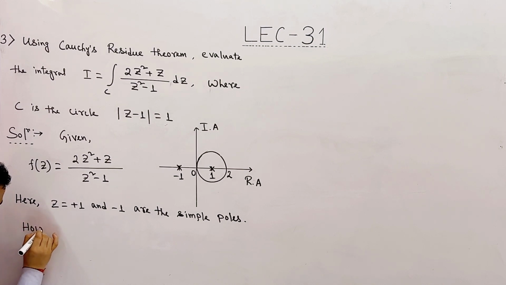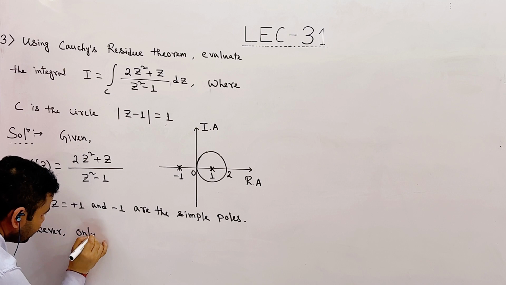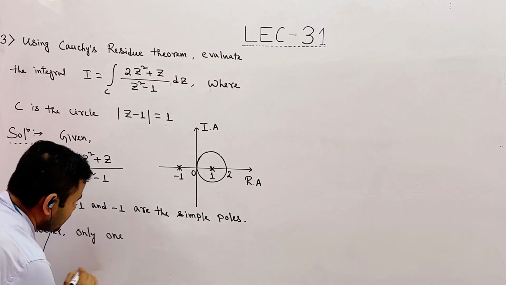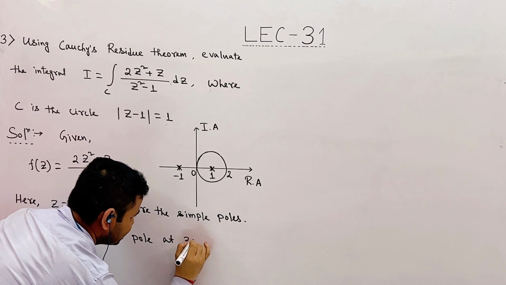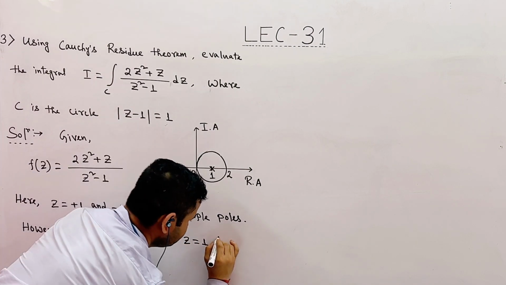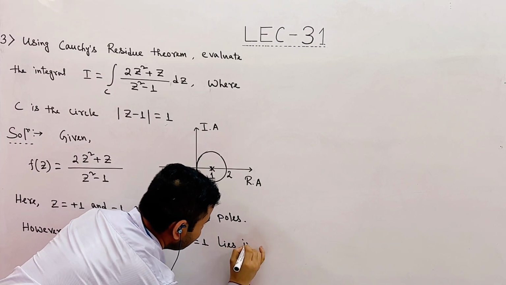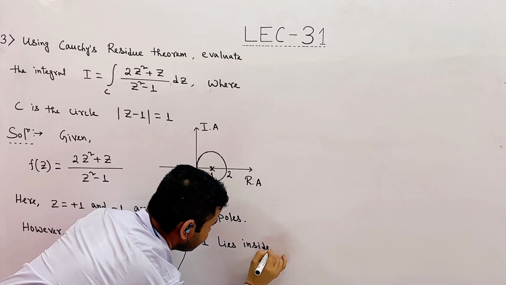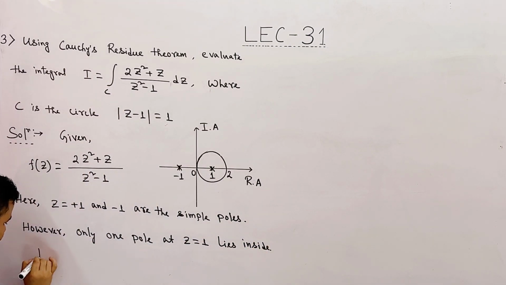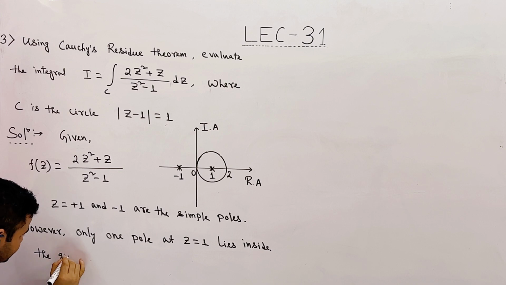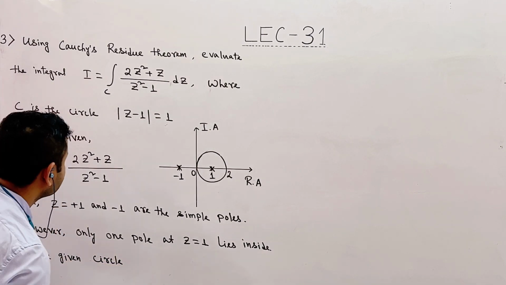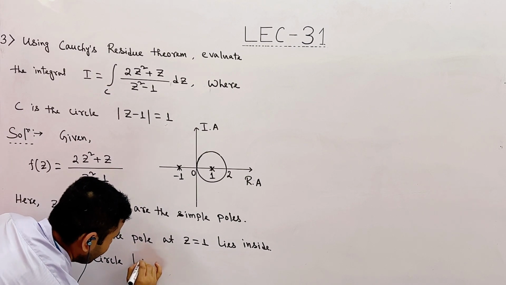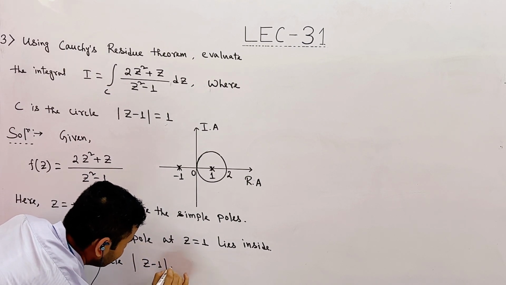However, only one pole at z equal to 1 lies inside the given circle. Inside the given circle, modulus of z minus 1 equal to 1.